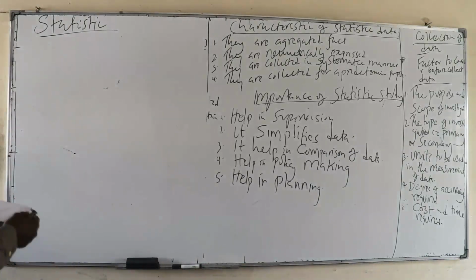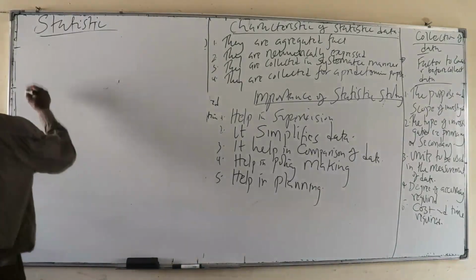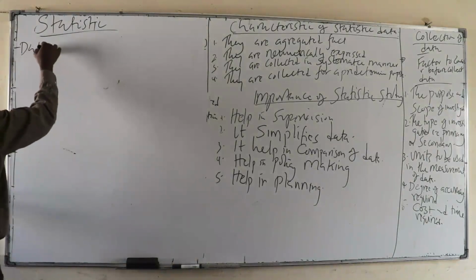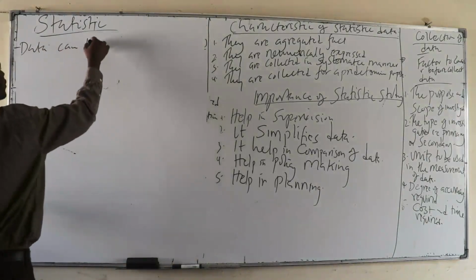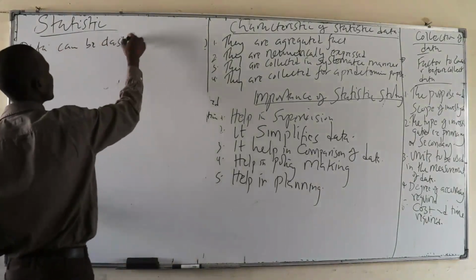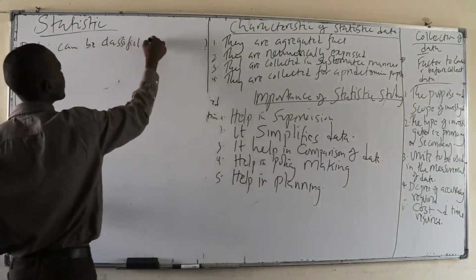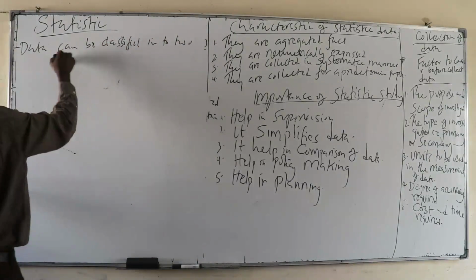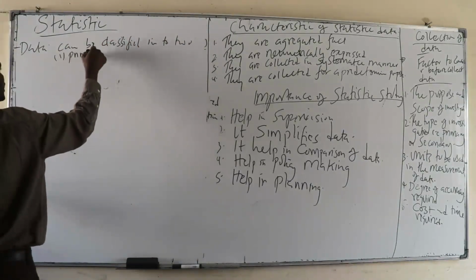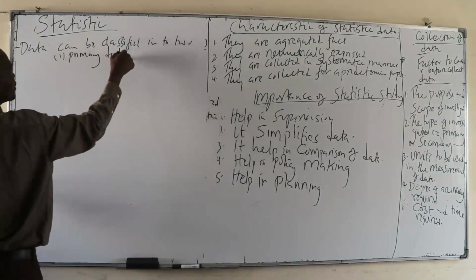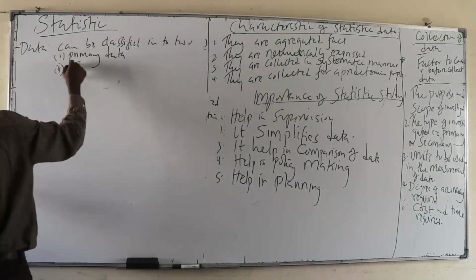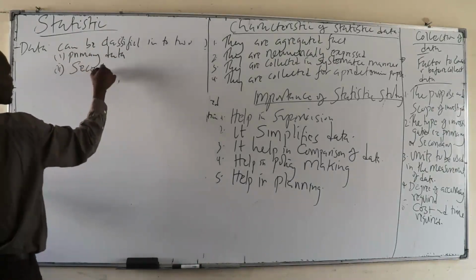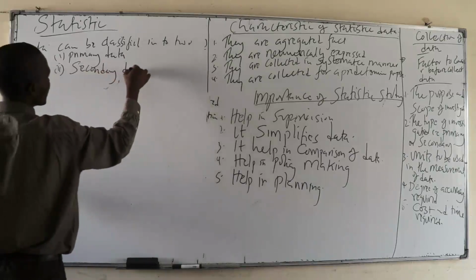Then, data can be classified into 2. Roman 1, primary data. Roman 2, secondary data.